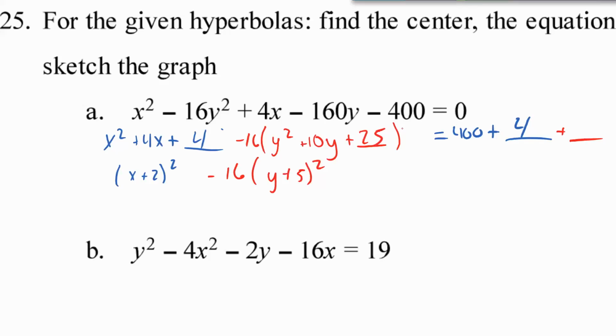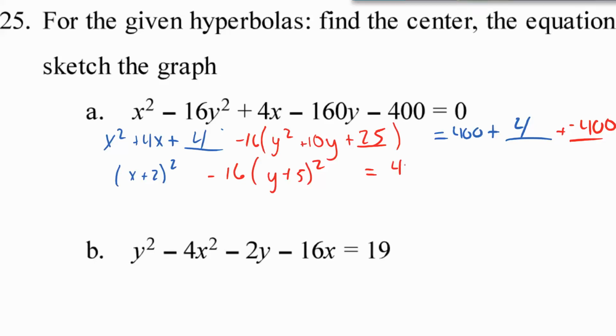Now the key here is this isn't a 25, it's actually a 25 times a negative 16. So 25 times negative 16 is negative 400. So that negative 400 needs to go over there. So it's actually going to be equal to just 4.